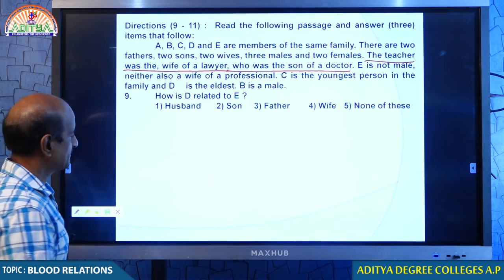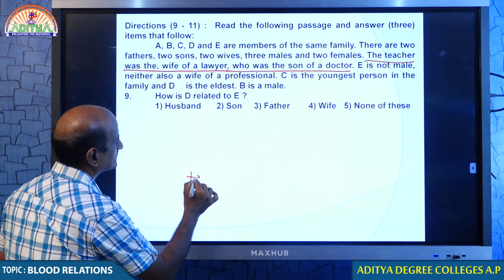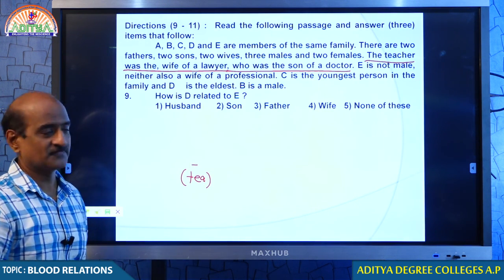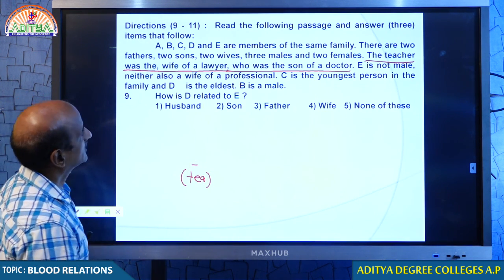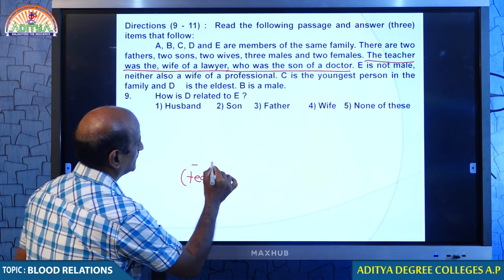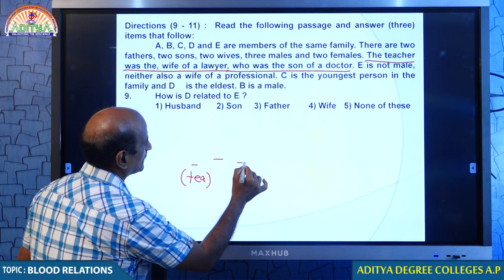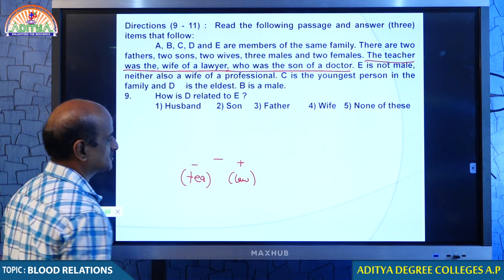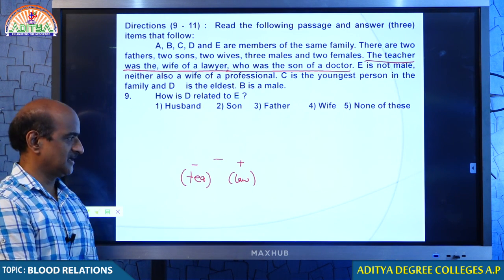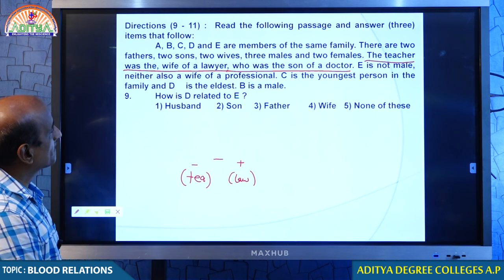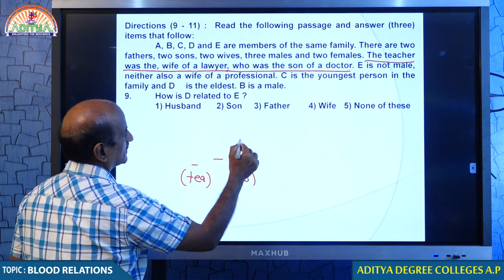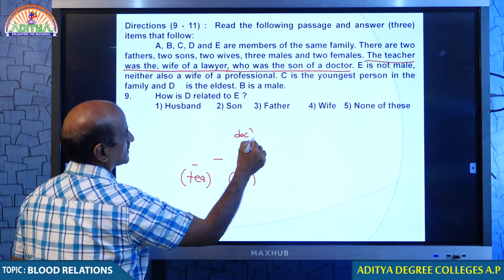Come on student, tell me: the teacher, profession is teacher, gender is female. The teacher was wife of a lawyer, so the lawyer is male. You understand, my dear students, what I am doing? Teacher is female, lawyer is male. The lawyer was the son of a doctor.